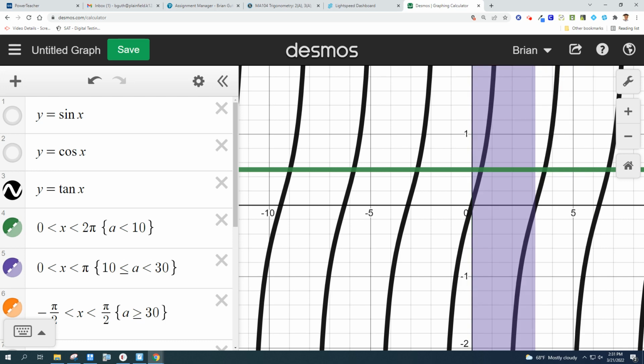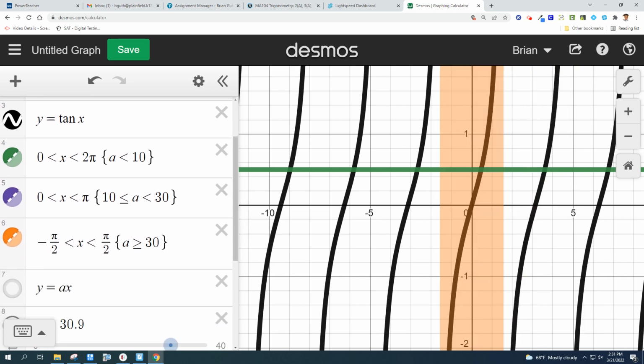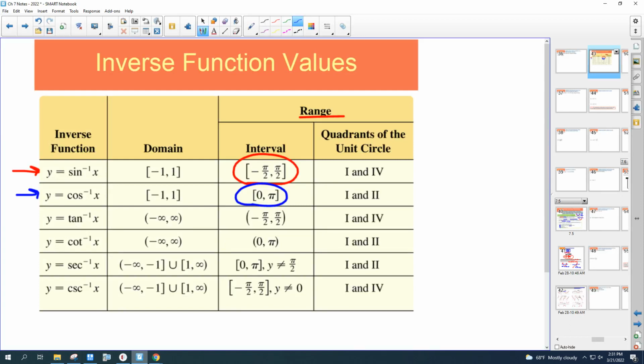And again, your orange was the region between negative pi over 2 and positive pi over 2. And so I'm literally looking at an inverse tangent. I'm looking right here. It's almost the same as the inverse sine. The difference is the parentheses mean we don't want to include those boundary lines, and that's because of the asymptotes in the graph. Remember graphing a tangent function last chapter, we had all these asymptotes. So it's the same, but it's not quite the same, okay?